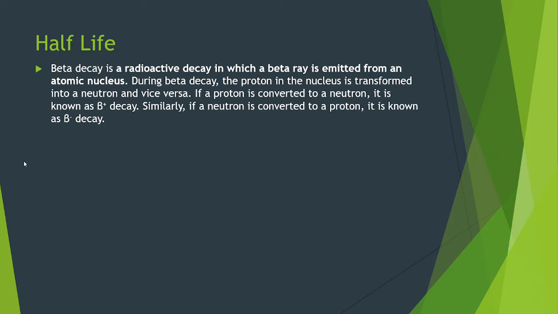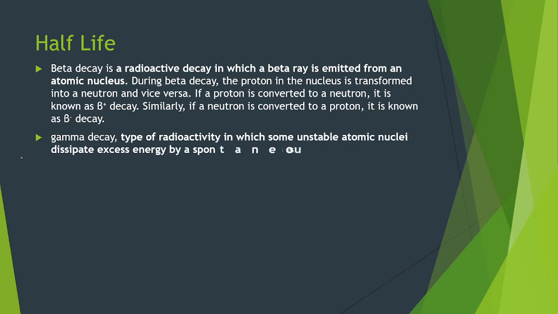During beta decay, a proton in the nucleus is transformed into a neutron, or a neutron is transformed into a proton, so there is a vice versa. If a proton is converted to a neutron, it is known as beta plus decay. Similarly, if a neutron is converted to a proton, it is known as beta negative decay.